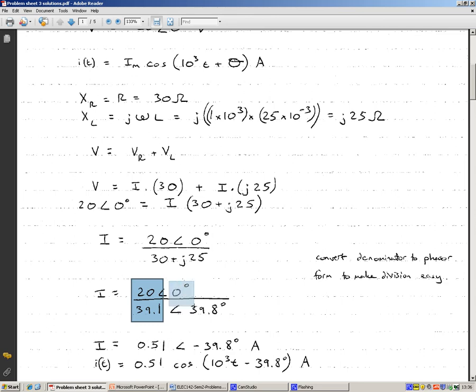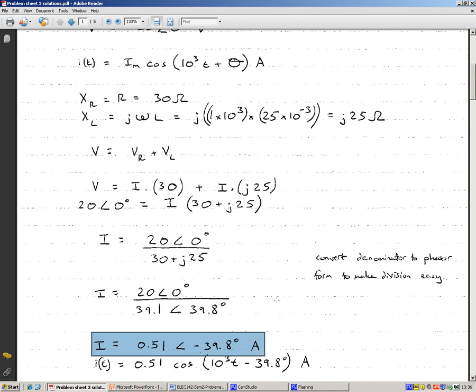To find the angle, it's just 0 minus 39.8, because you subtract the bottom angle from the top angle for phasor division. So that gives us a current of I equal to 0.51 at an angle of minus 39.8 degrees, in amps.